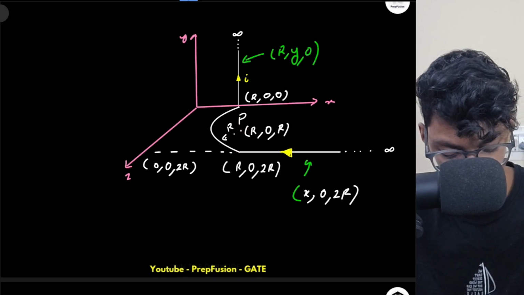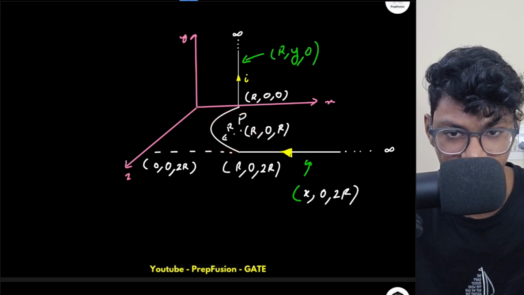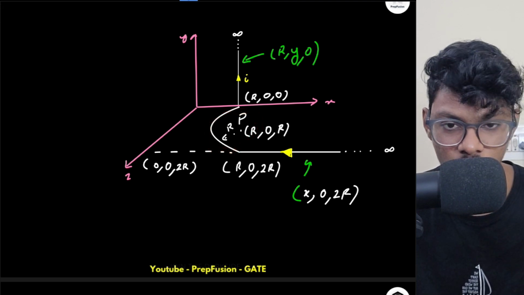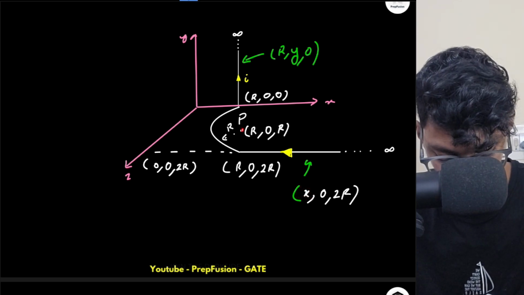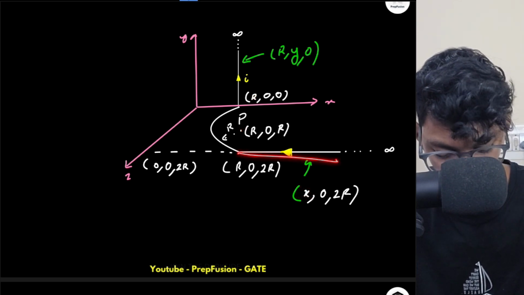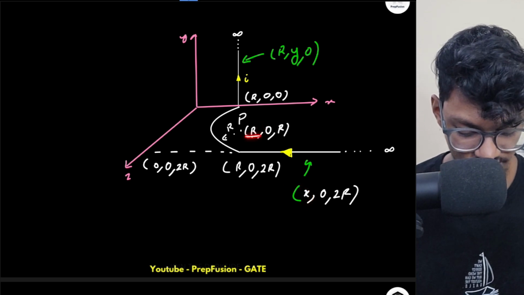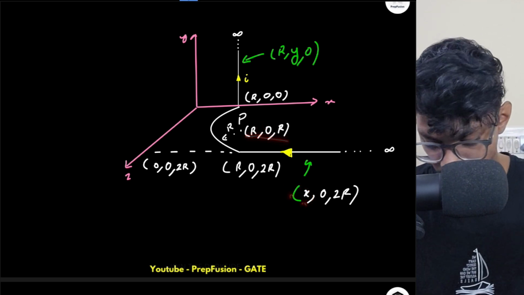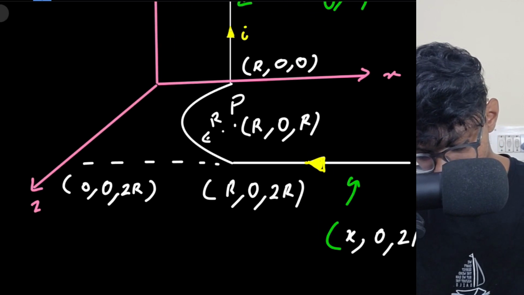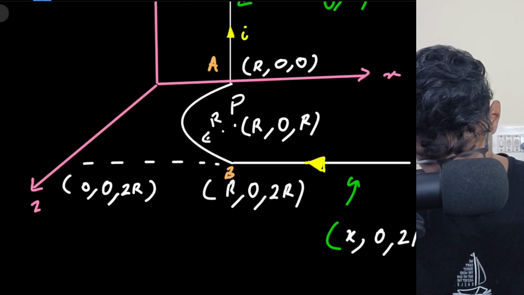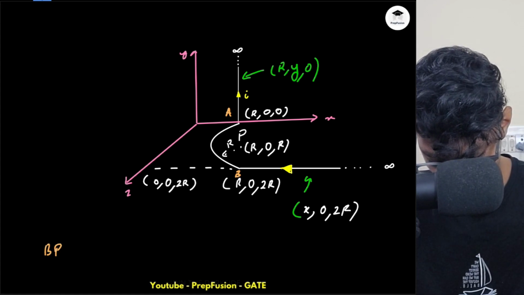But if I didn't tell you this, if I wasn't able to visualize and just vectors were given, how would I have found the perpendicular distance? You would have made the x coordinate the same for everything, right, because here x is varying. So you would have made x the same for these two points. What is the x for this? r. So this will also be r. Now let me name a few points, A and B. What will be my BP?